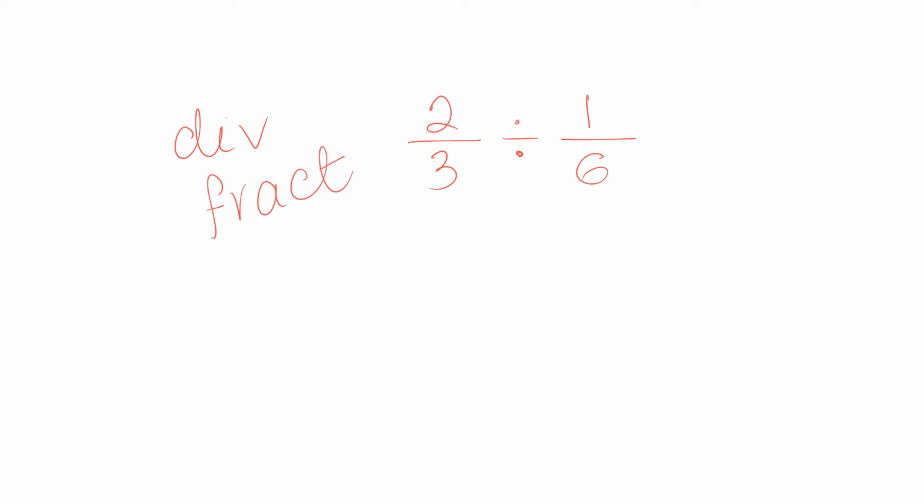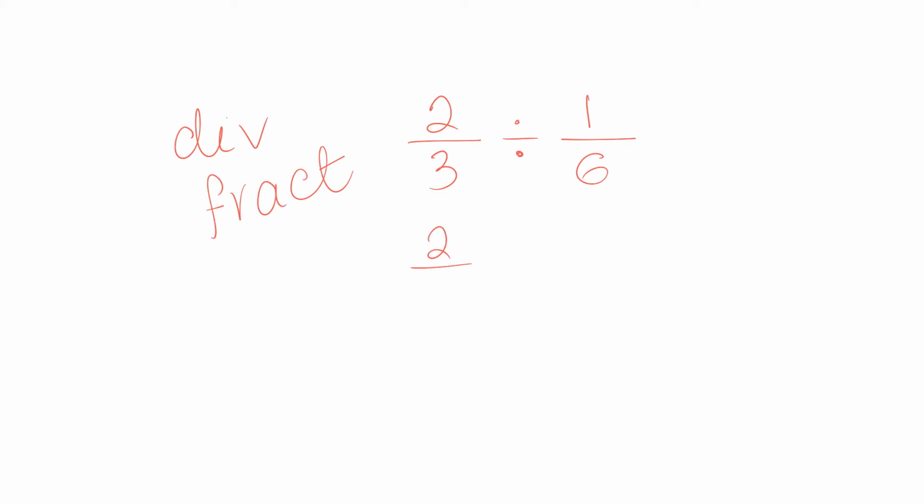Okay, now, dividing is the exact same thing, but with a trick. When we divide fractions, think about this. When we say 2/3 divided by 1/6, we know that we do flip and switch, right? That's our trick.